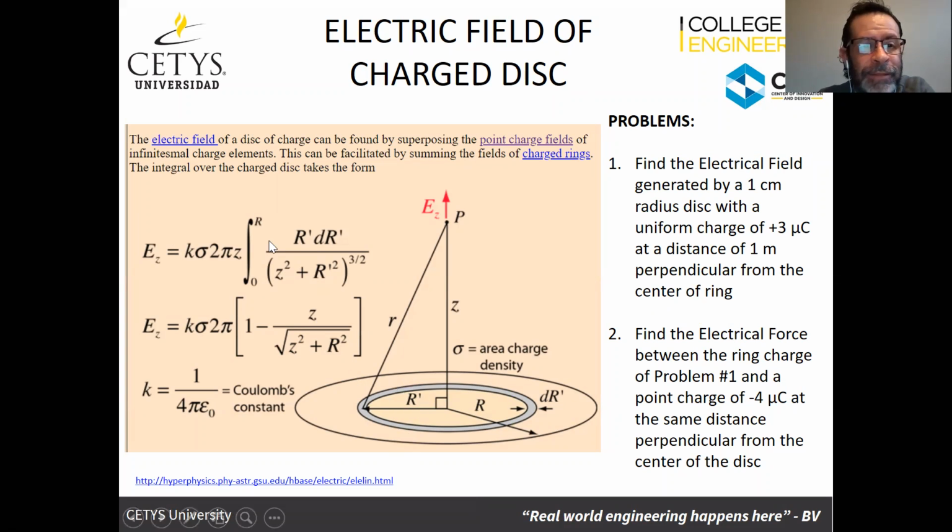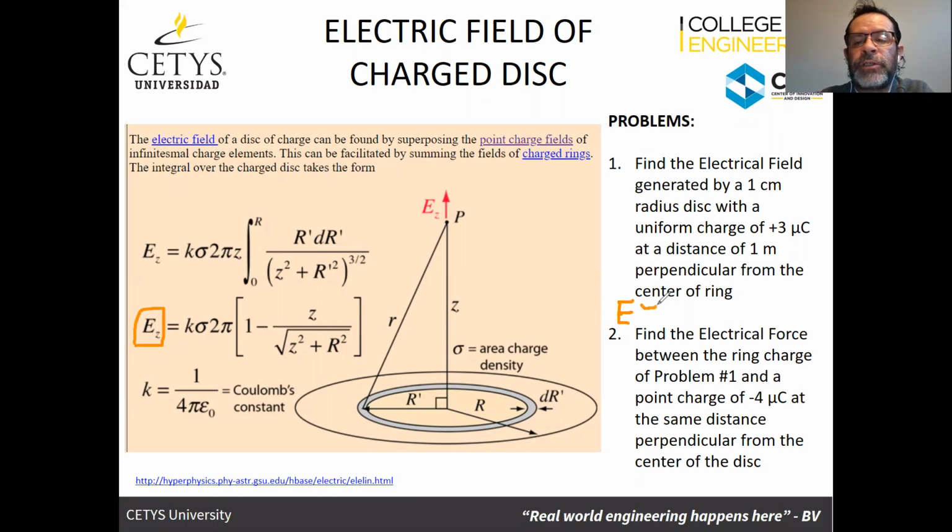And this is the integral we're talking about: we take the disk expression and integrate it along the radius, and this is how we get the expression for the electrical field, which is the one we're interested in.